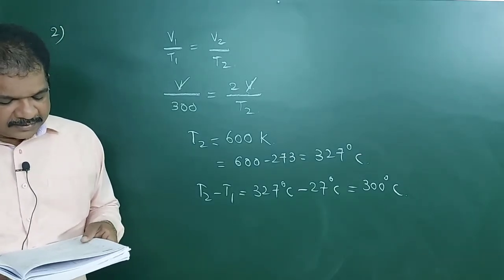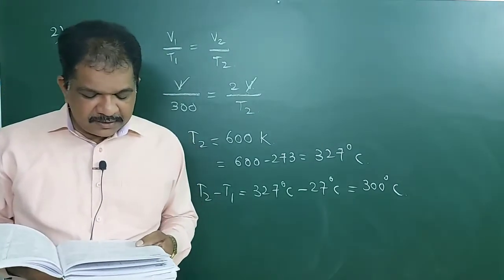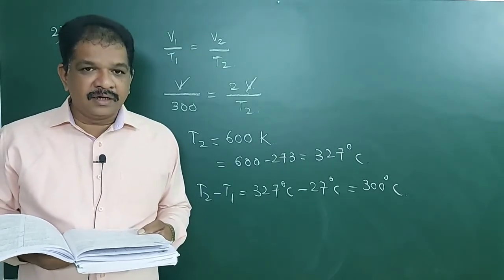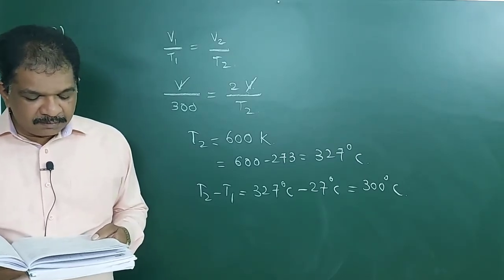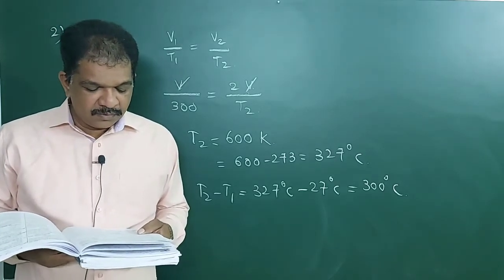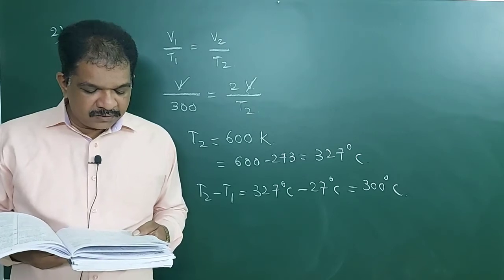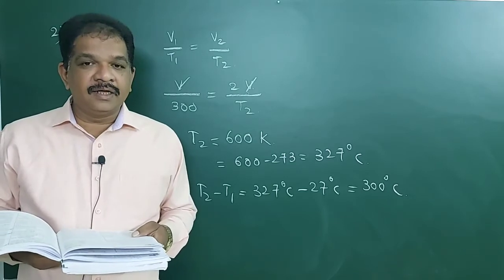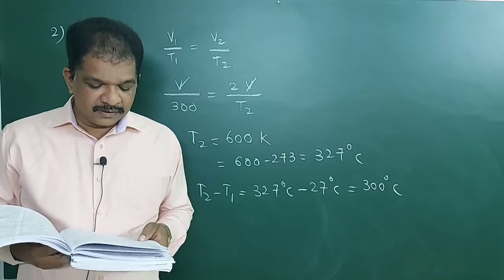Okay. Next, third question. 1 mole of an ideal gas is taken from A to B, from A to C and then back to A. The variation of its volume with temperature for the change is shown. The pressure at A is P naught, volume is V naught. Internal energy will depend on the temperature. Already repeated question, this is.